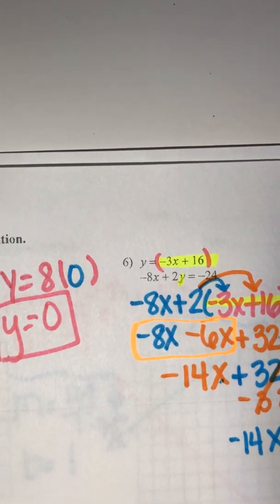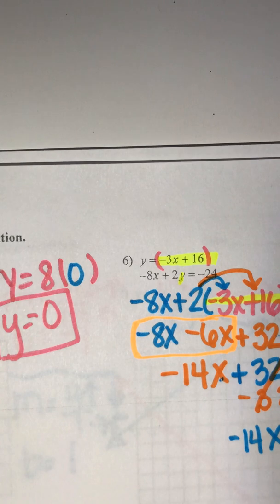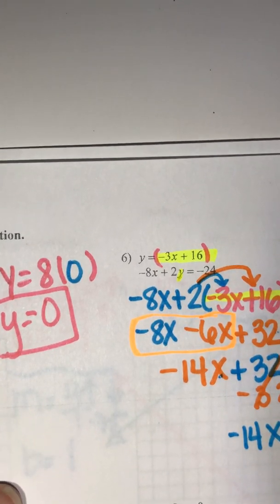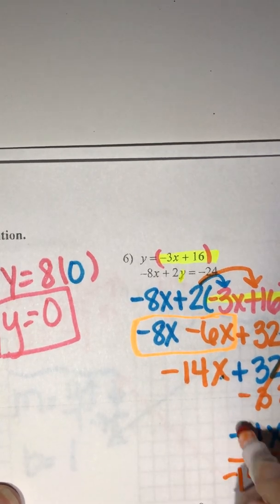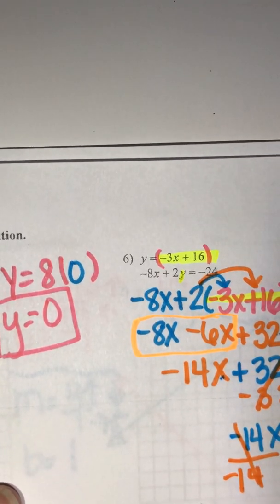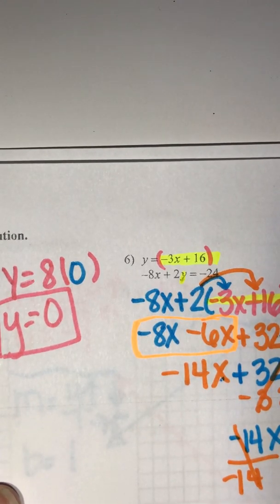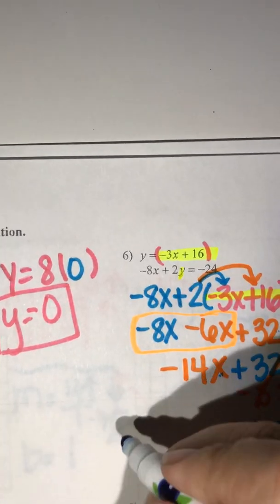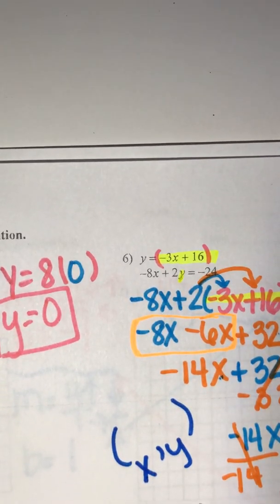Then I'm going to do negative 56 divided by negative 14, and that's 4. So x is equal to 4. Now that's the first important piece of information that I have to write my ordered pair for my solution. And you can go ahead and write that in if you want.